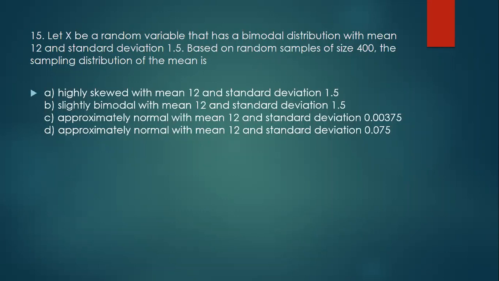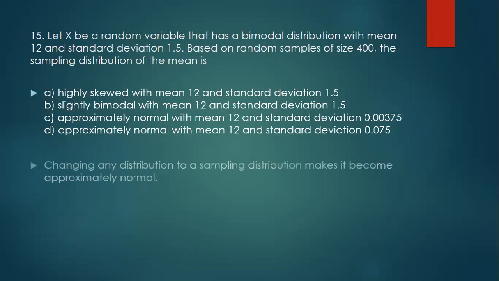So guys, remember, even if you have the answer sheet, you still have to understand how we arrive at a certain answer. So when you get the exam, you can reason it the same way. Firstly, changing any distribution to a sampling distribution makes it become approximately normal.